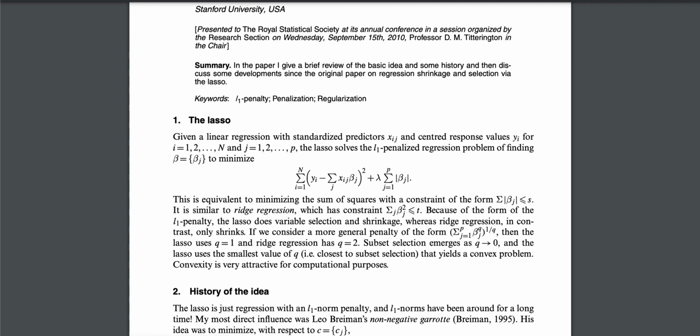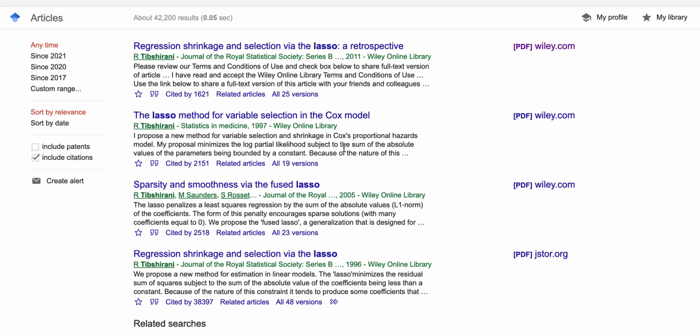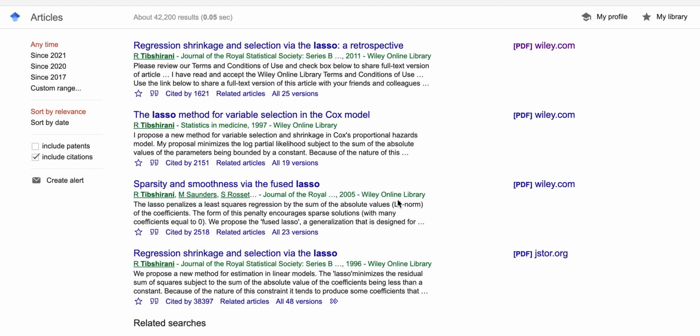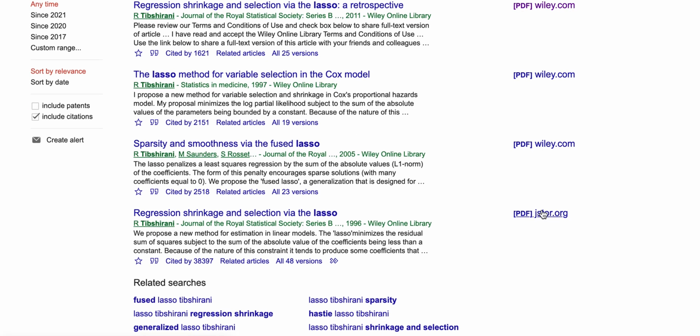Actually, I'm not looking for this paper. This paper, which has been cited 38,000 times since '96.